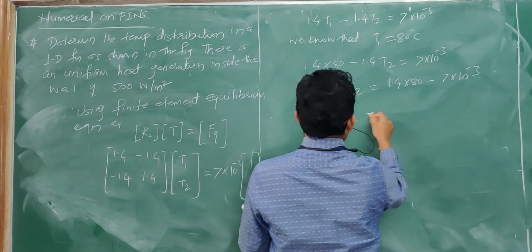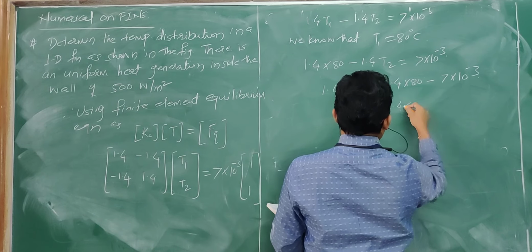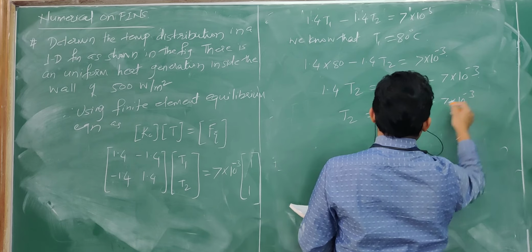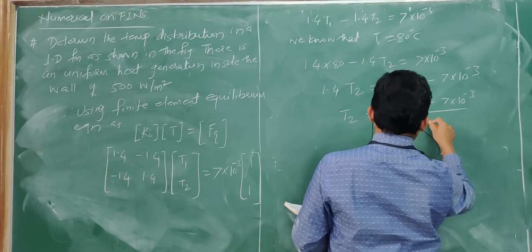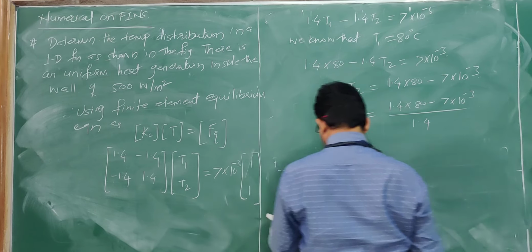So T2 will be 1.4 into 80 minus 7 into 10 raised to minus 3, divided by 1.4. Again, this will be approximately 80 degrees centigrade.